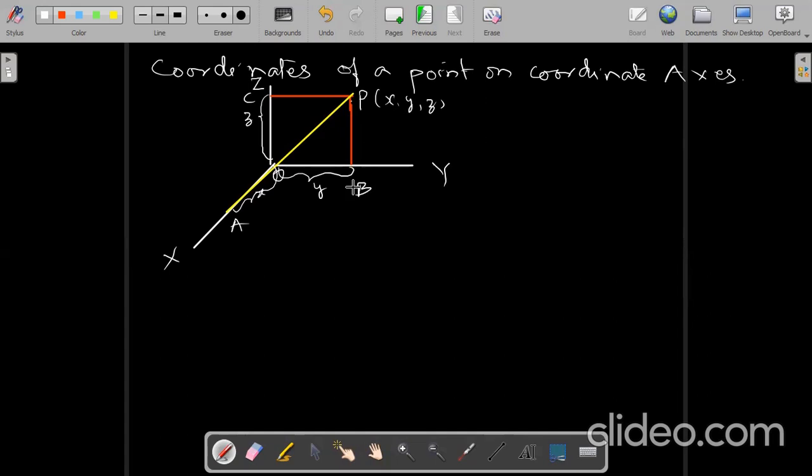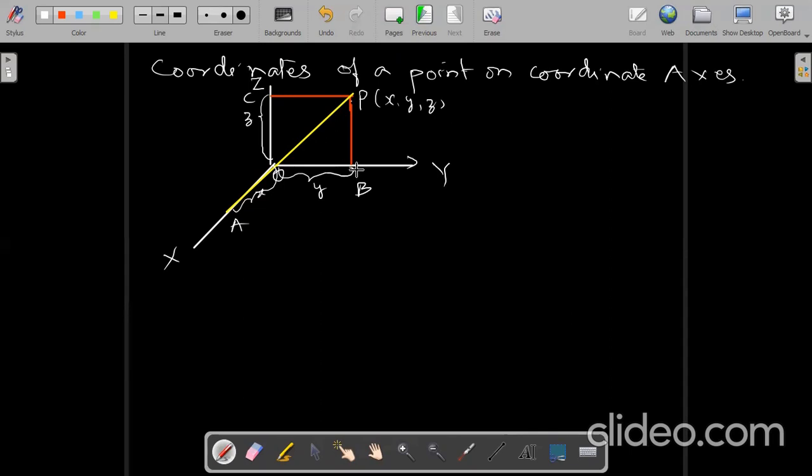This point is x, y, z, where the x coordinate is the distance from the yz plane. Here we are considering the plane.